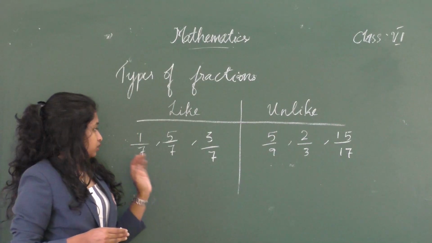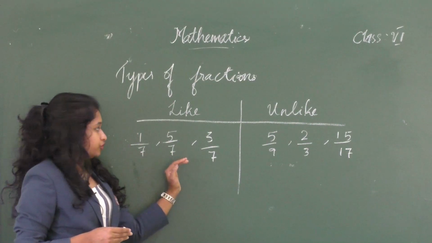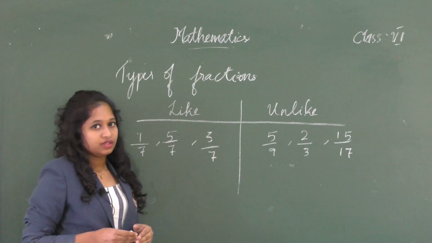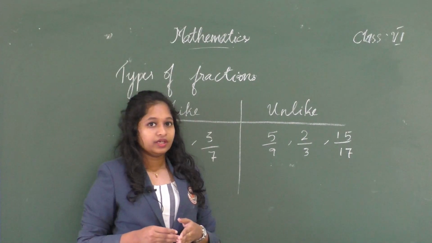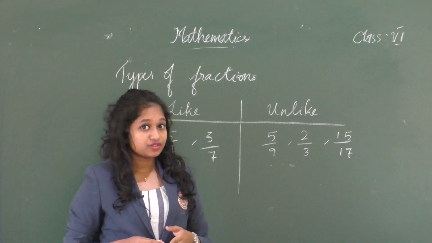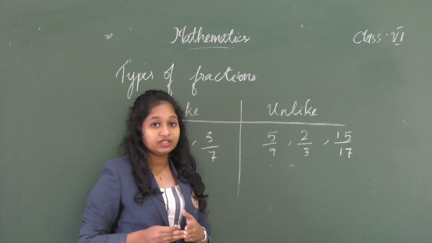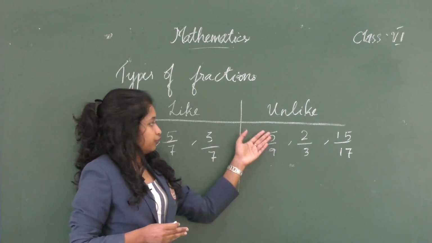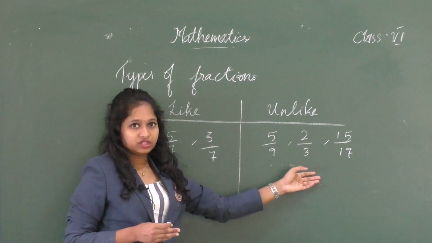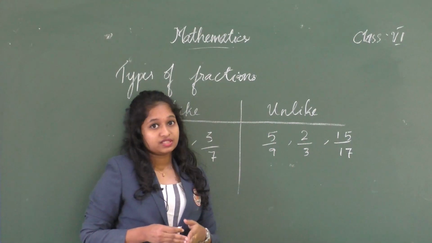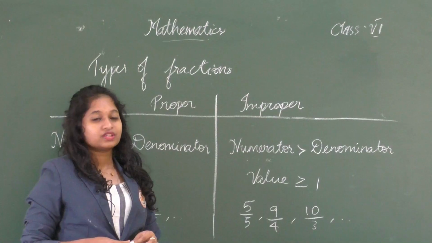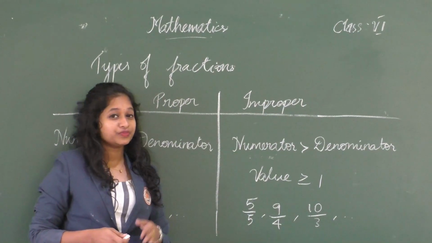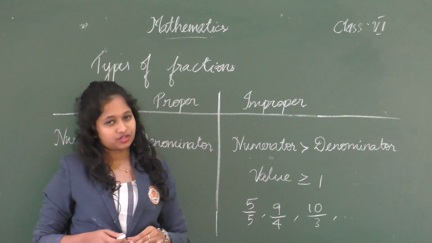For example, 1 by 7, 5 by 7, 3 by 7, etc. And what are unlike fractions? The fractions having different denominators. For example, 5 by 9, 2 by 3, 15 by 17, etc. So children, we learned about like and unlike fractions.